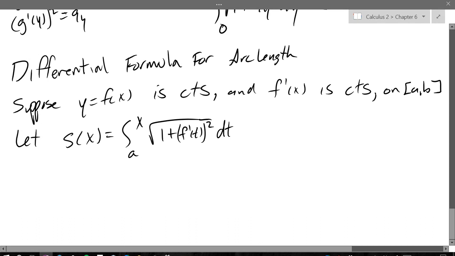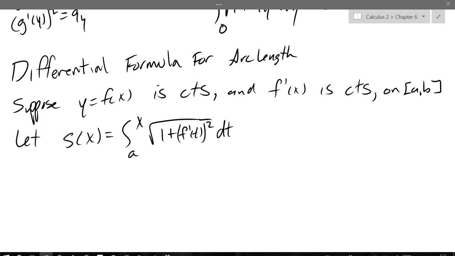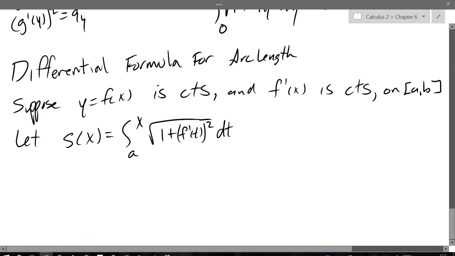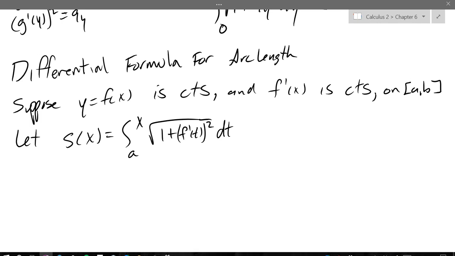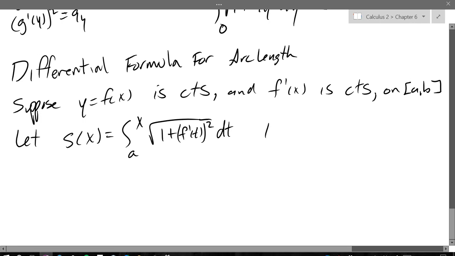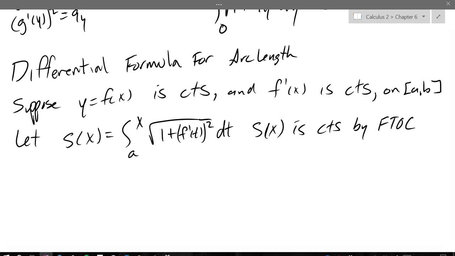So we're just using a dummy variable t because we're already using x. This is basically arc length from a up to x. This is going to be a continuous function by the fundamental theorem of calculus. So basically, if you have a continuous function and you add up the area under the curve slowly, that area increases or decreases in a nice continuous way.